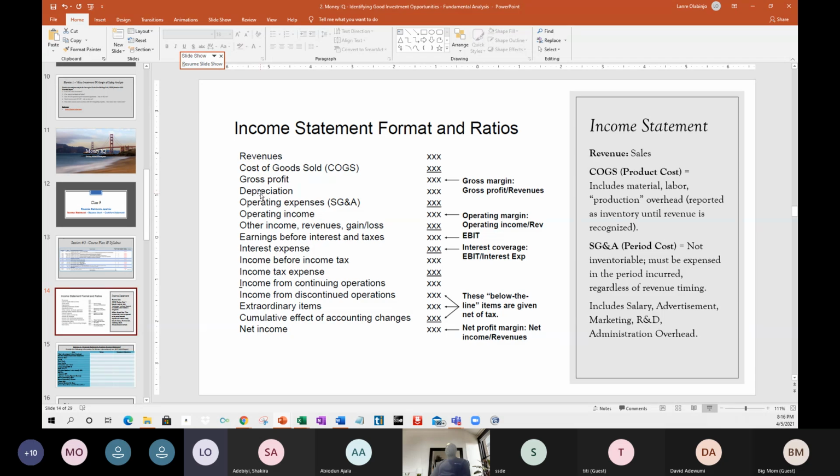All right, the next item on the income statement is what they call depreciation. Depreciation, just as the name implies, is loss of value, something that is losing value.